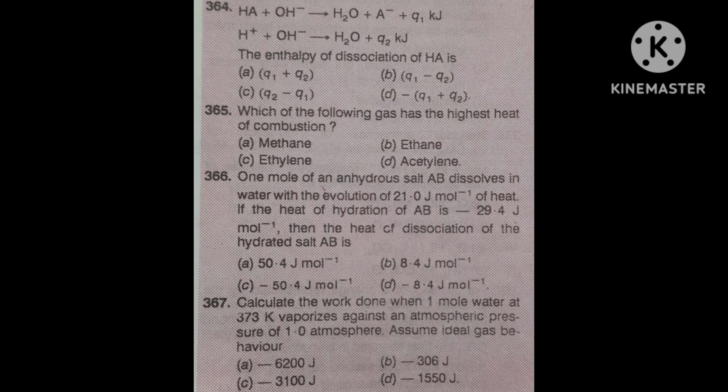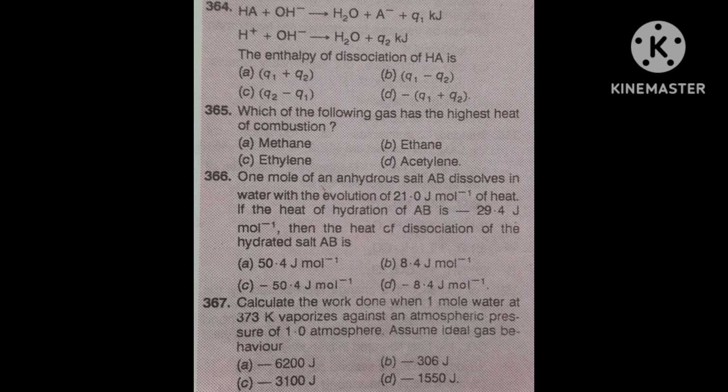Now put both values: V2 is 30.62 minus first volume 0.018, and pressure is 1. Outside minus is there because work is being done by the system. So we will get minus 30.6 liter atmosphere. That is the work done, in liter atmosphere.